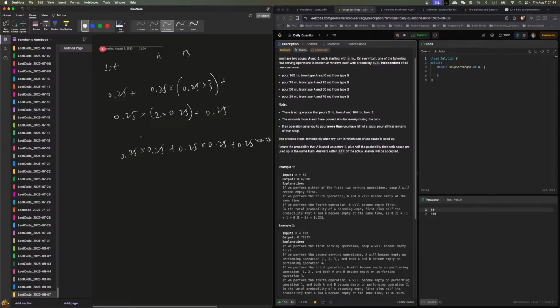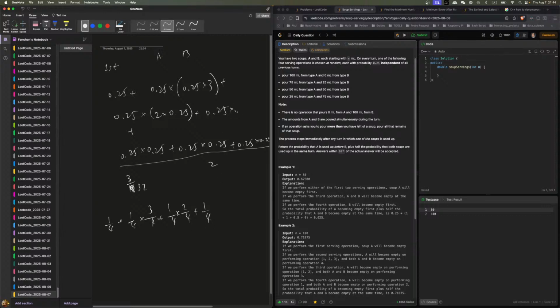Okay, so I'm doing this plus all of this divided by 2. So that's just 16 times 3 divided by 2 is 32, right? This one is this plus this plus this plus this.